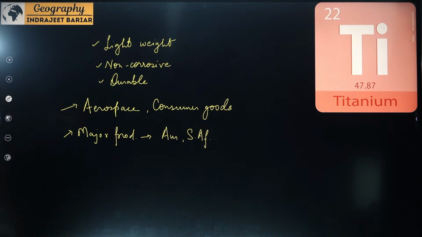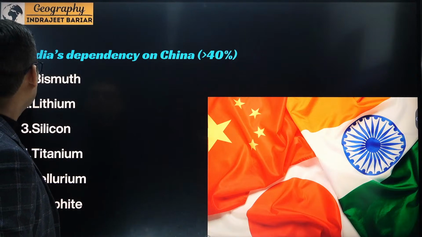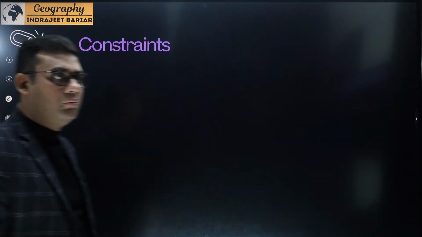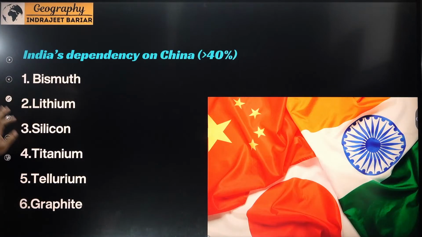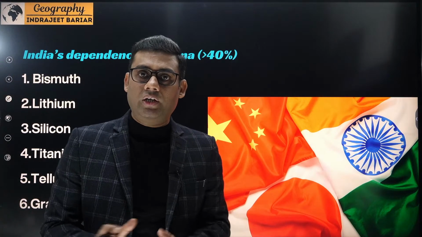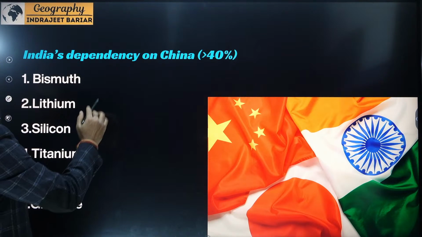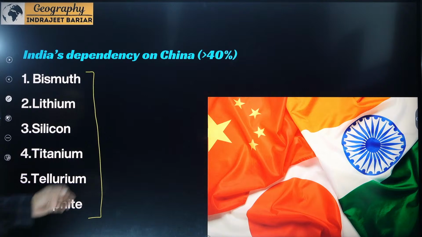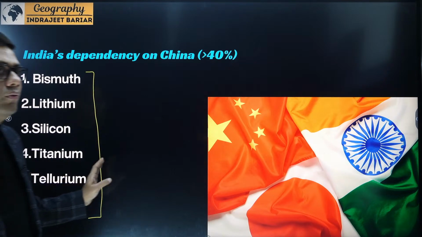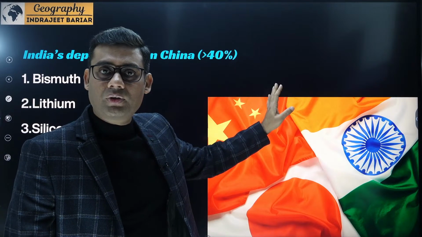Overall, the discussion we have to have is with respect to what the article in The Hindu was all about. The article was about our over-dependency on China. With respect to China, there are six critical minerals for which our dependency on China is more than 40%.